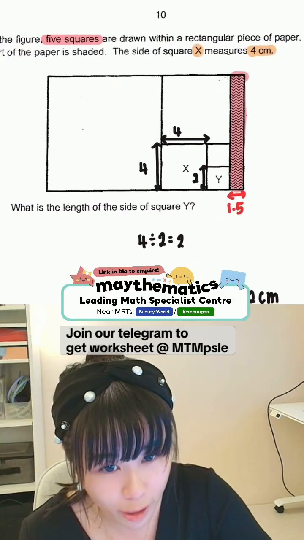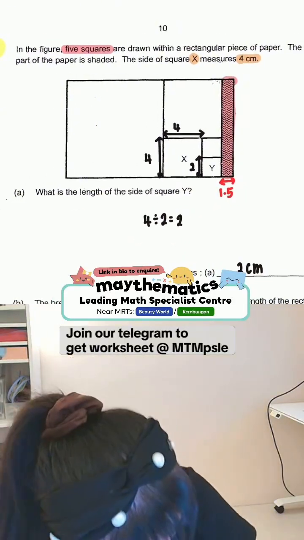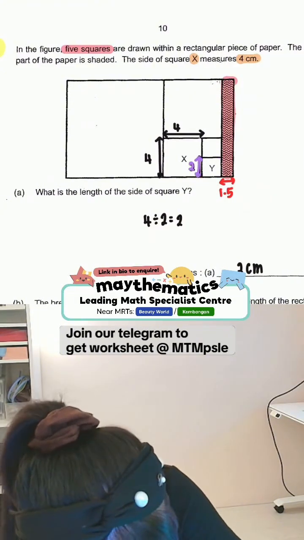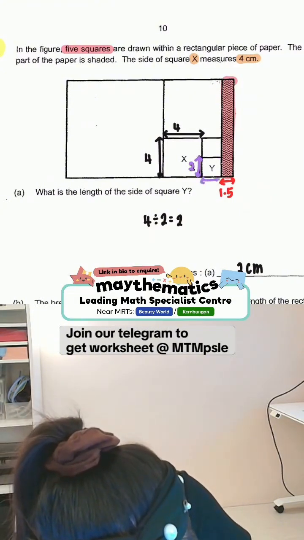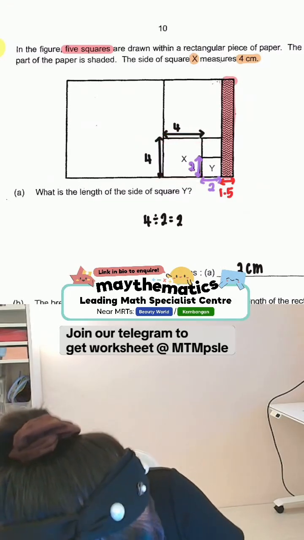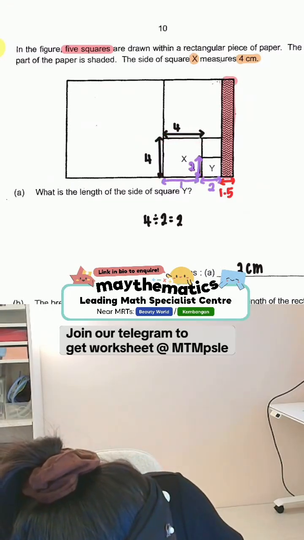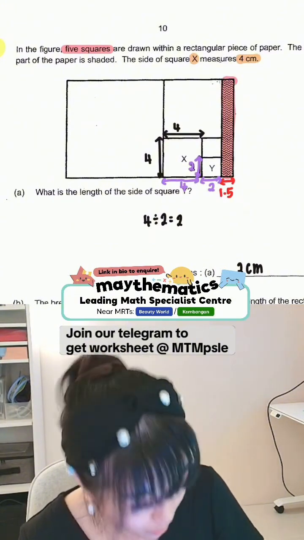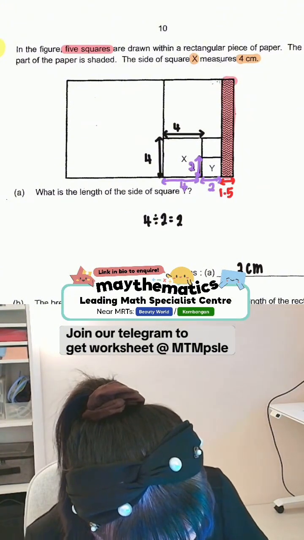Because it's a square, you should know all sides of the square are equal. So if this is 2 for your Y, then this is also 2. Just mark it out. If you know this is 4, below here is also 4. The length is also 4. So you should have this. You can fill it up accordingly.